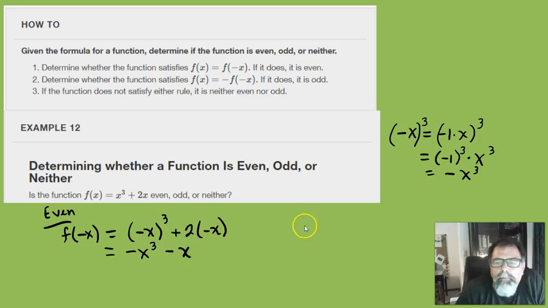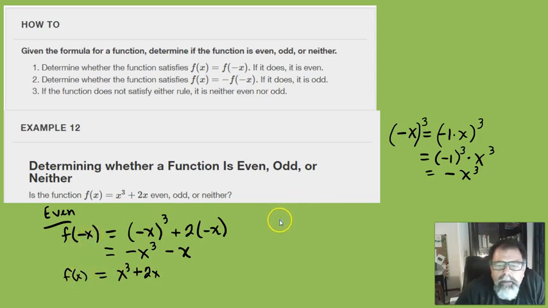Now, if we use their definition, does this equal f of x, which is x cubed plus 2x? So are these equal to each other?